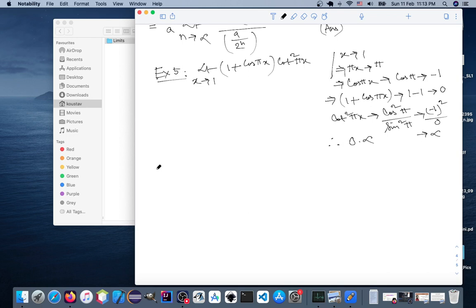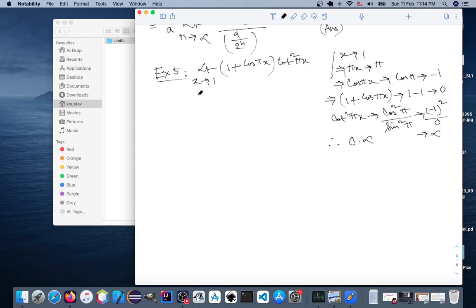X tends to 1. With trigonometric functions, it's better to transform the limiting variable to tend to 0.